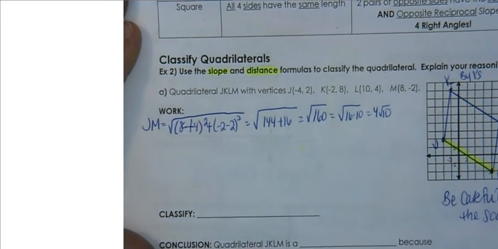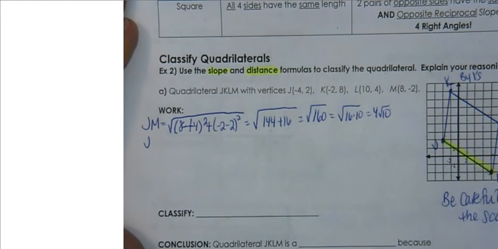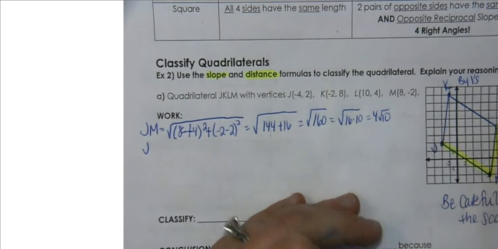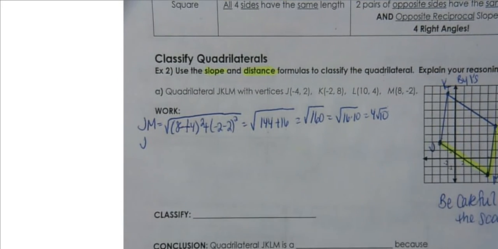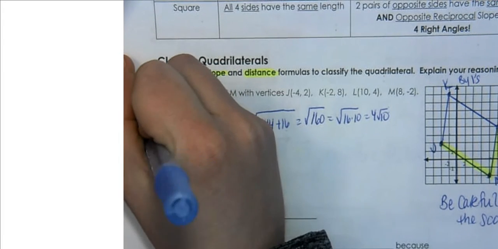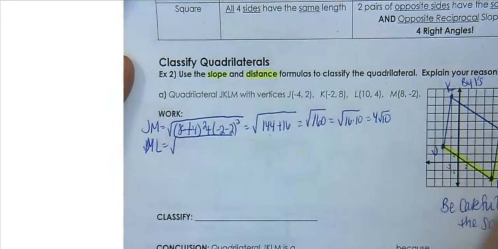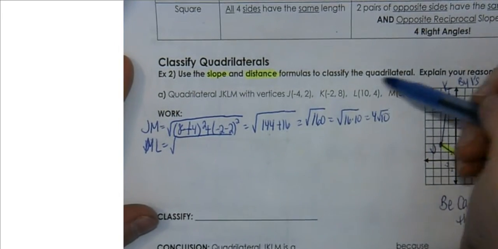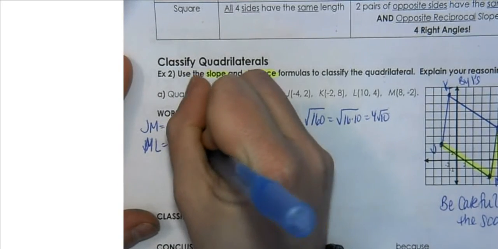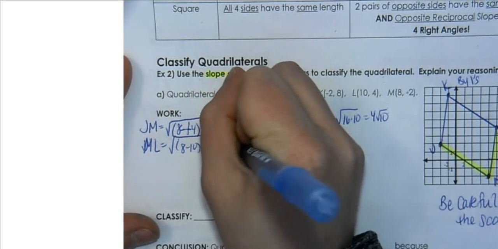So now I'm going to find the side length for ML. And honestly, it does not matter what order you end up going with. So I'm going to just work with ML. And we have for ML 8 minus 10 squared plus -2 minus 4 squared.